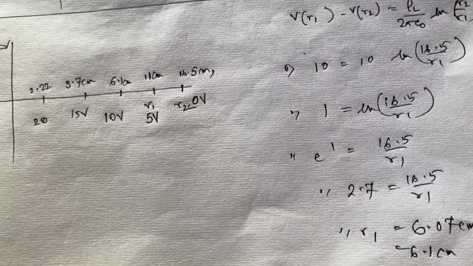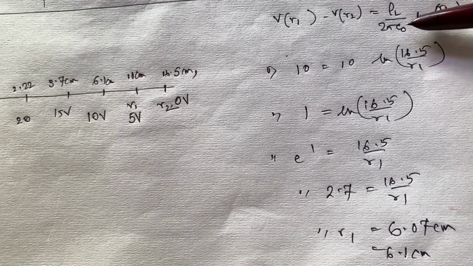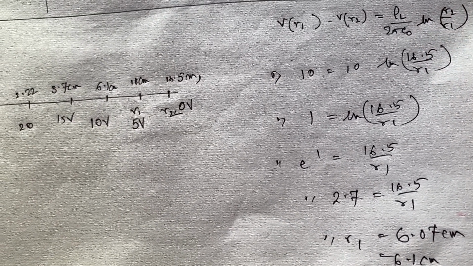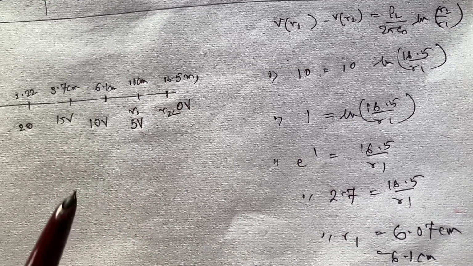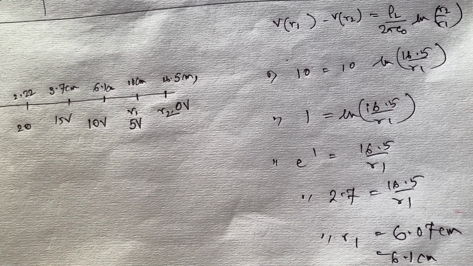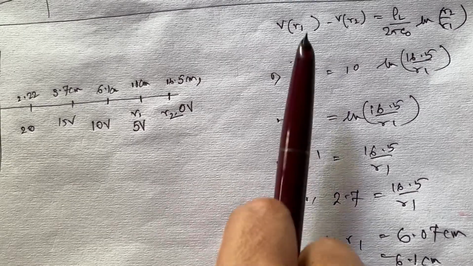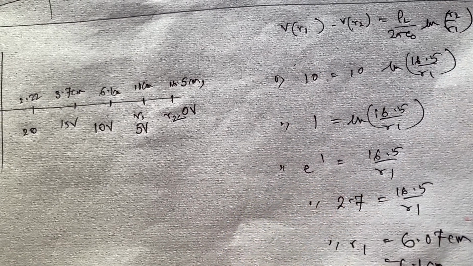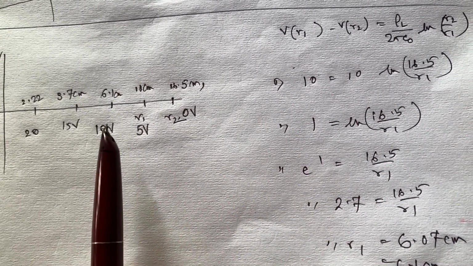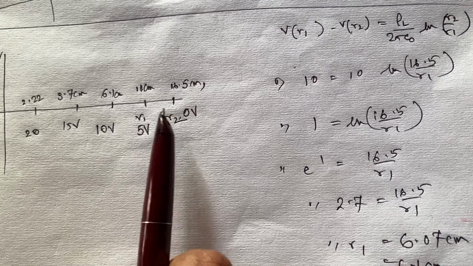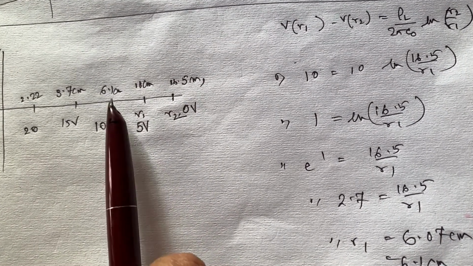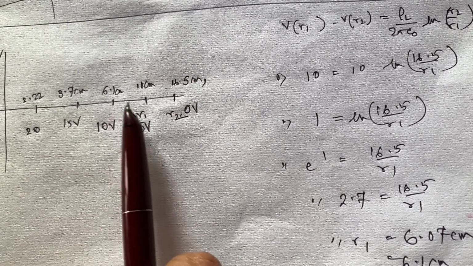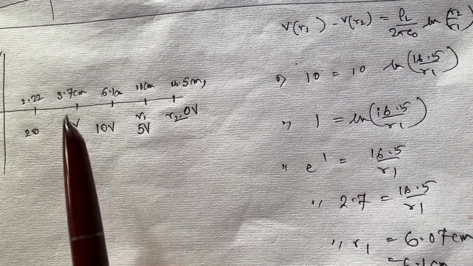Now if I want to find out the radius of the next constant potential line, I need to use this relation again. I know that the successive potential difference is 5 volt, so the potential difference between this point and the reference point will be 10 volt.